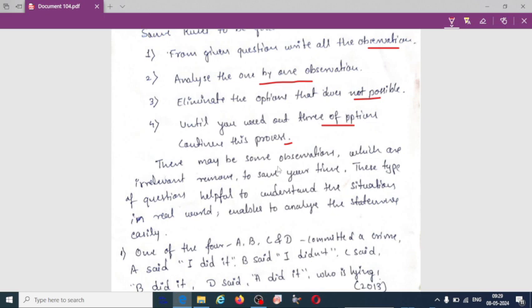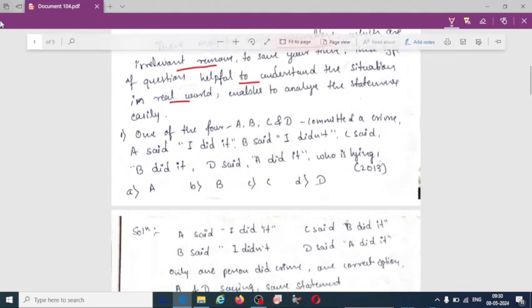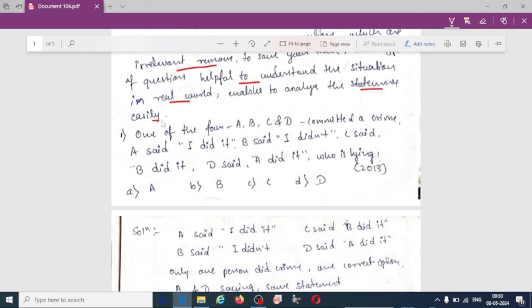There may be some observations which are irrelevant, you can directly remove them. These types of questions help us understand situations in the real world and enable us to analyze statements easily. So let us solve some previous year questions from CSIR.